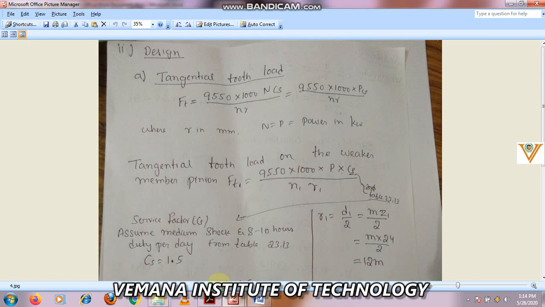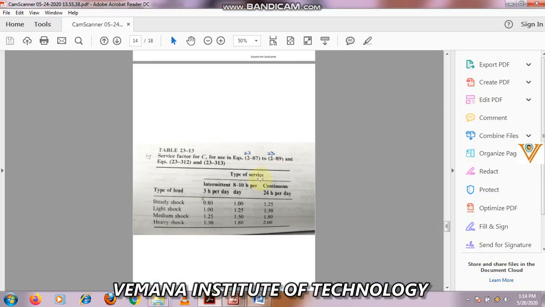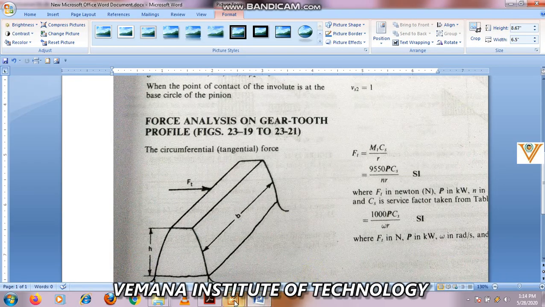It is from table 23.13. Here we have taken medium shock, 8 to 10 hours per day. So for 8 to 10 hours it is 1.50. So the service factor we have taken is 1.5.